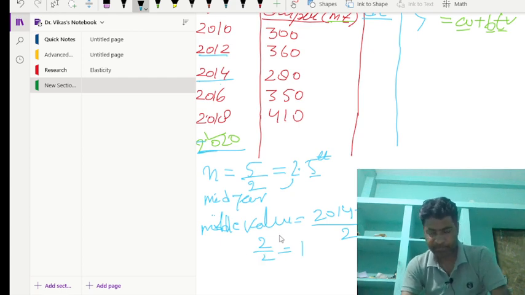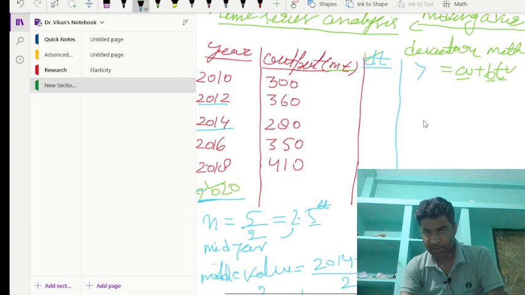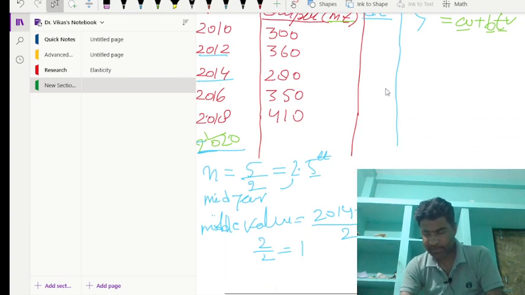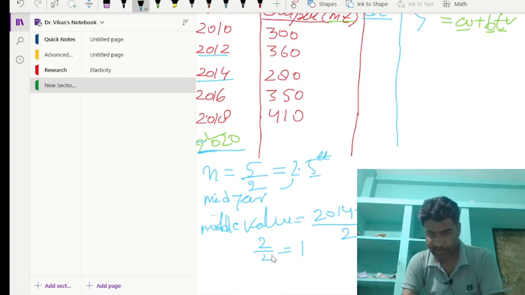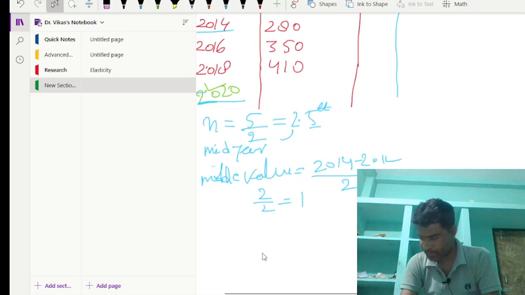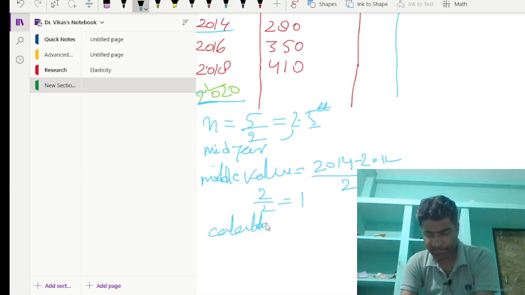Now before calculating the deviation, that is the t in time, we will find the calculated value of t as time.